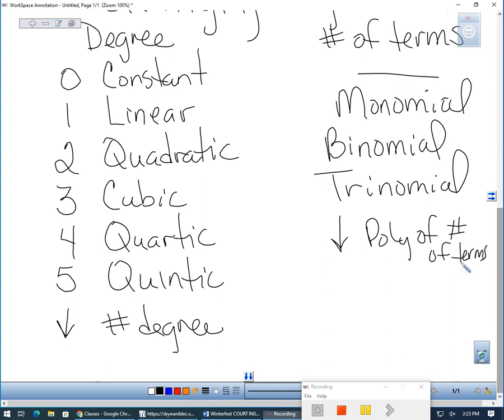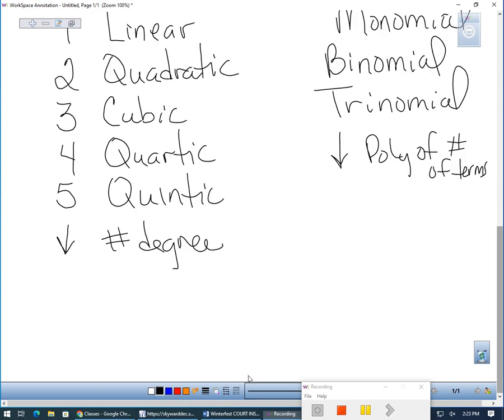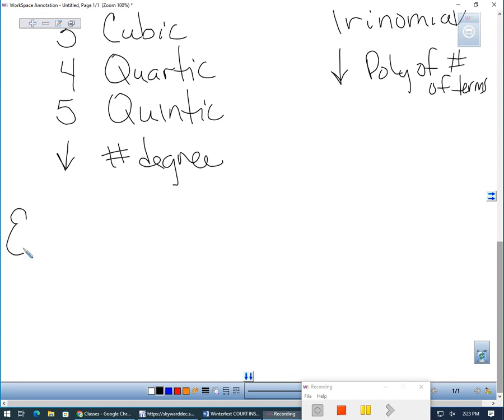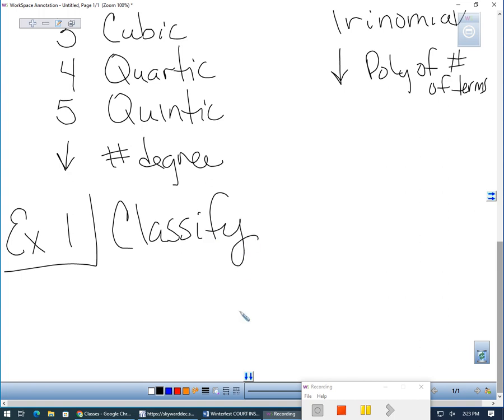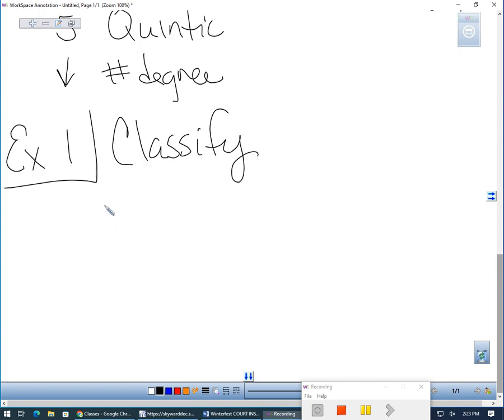Now to classify it, the first thing you have to do is make sure it's in standard form, so that you can tell what's going on. So here is example number 1. Example 1, I'm going to ask you to classify. Let's say I have 7x to the 4th plus 2x to the 3rd minus 9.